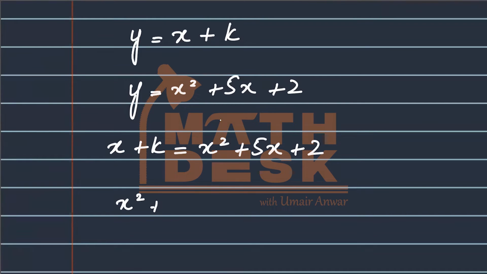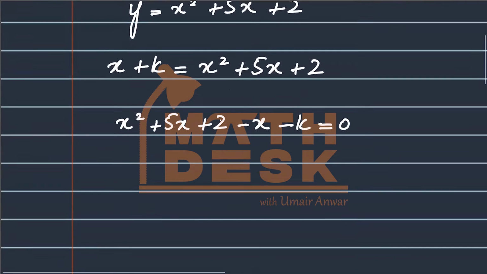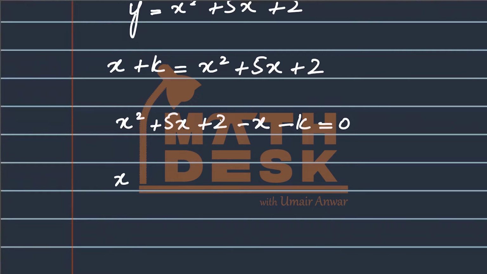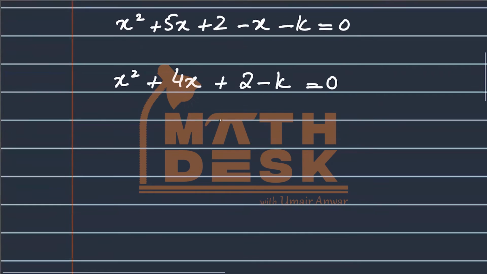It becomes x square plus 5x plus 2 minus x minus k equal to 0. And the quadratic equation we get is x square plus 4x plus 2 minus k equal to 0.